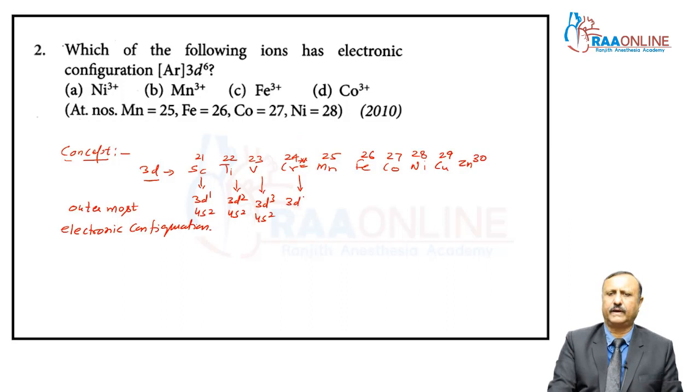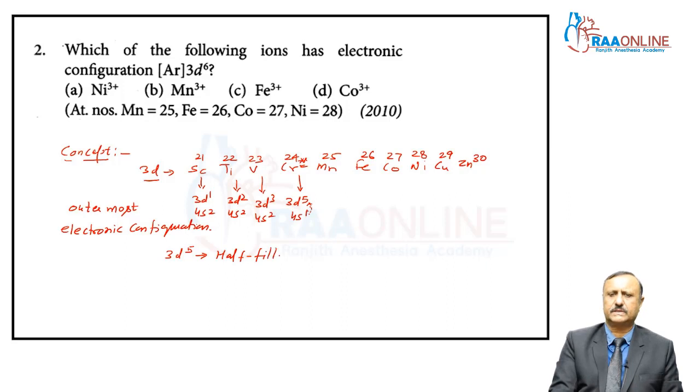The electronic configuration present in chromium is 3d5 4s1, because one s electron goes to the d orbital. Why? Because when 5 electrons are present in d orbitals, this d orbital is called half filled d orbital.